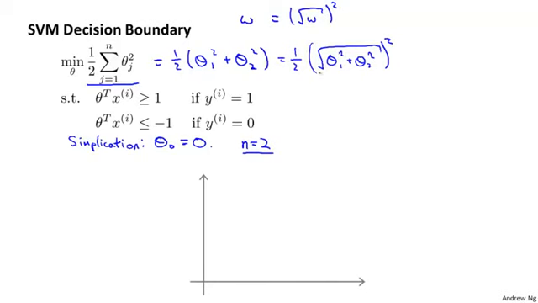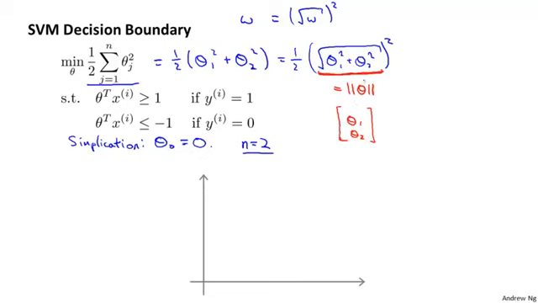What you may notice is that the term inside the parentheses is equal to the norm, or the length, of the vector theta. If we write out the vector theta as theta 1, theta 2, then the term I just underlined in red is exactly the length, or norm, of the vector theta, following the definition of the norm of a vector from the previous slide.